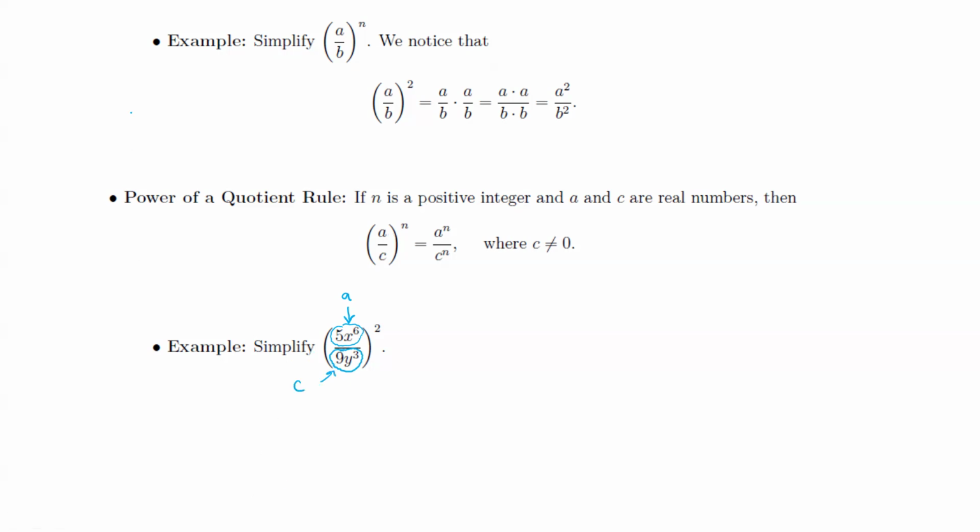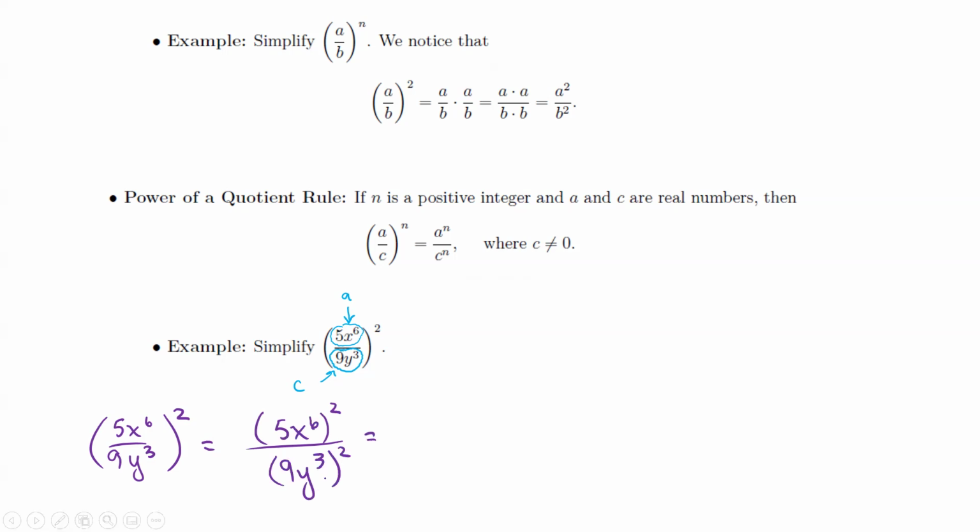Let me just switch colors here. What we can say is that for starters, it is 5x to the sixth to the second power, my a to the second power, over 9y cubed to the second power, so my c to the second power.